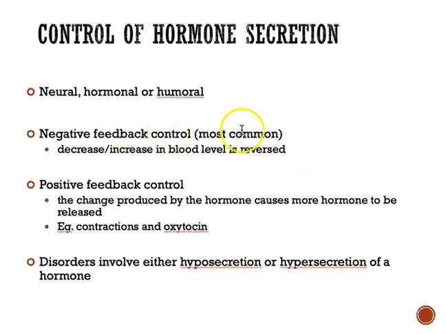Most of the hormones are under a negative feedback control system, meaning that you release a certain amount of the hormone and it feeds back in to decrease its levels of production. So, for example, you may be producing hormone A. At some point, the concentration of hormone A becomes so great that you don't need any more of it.